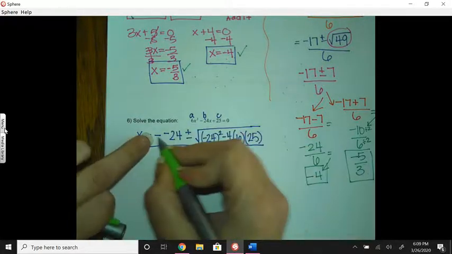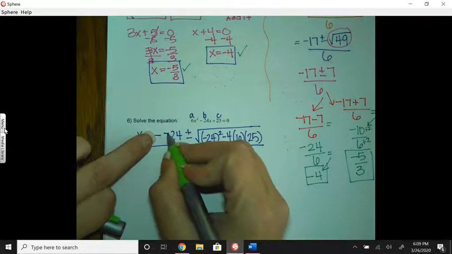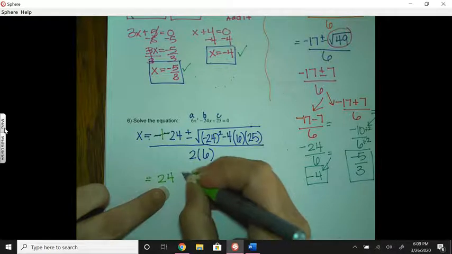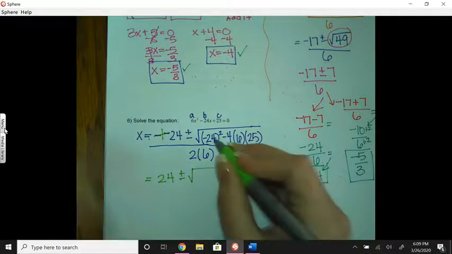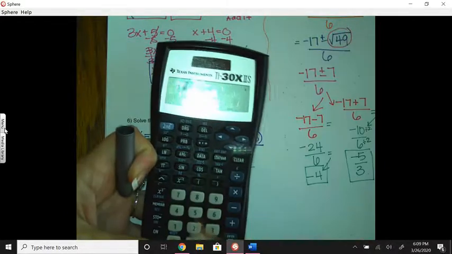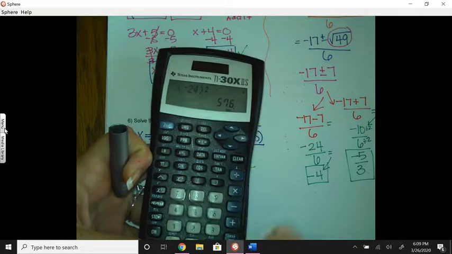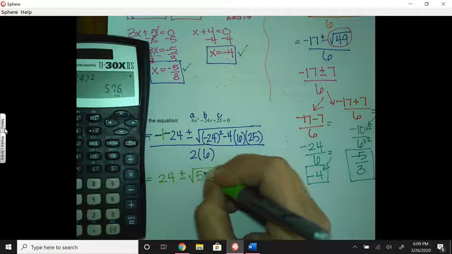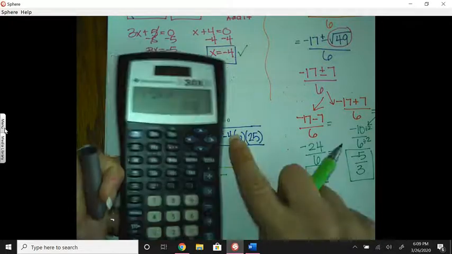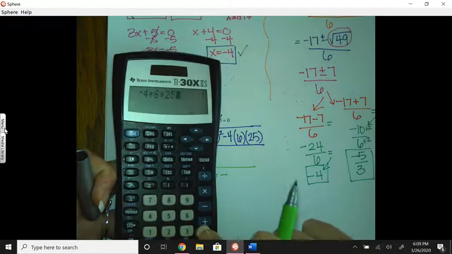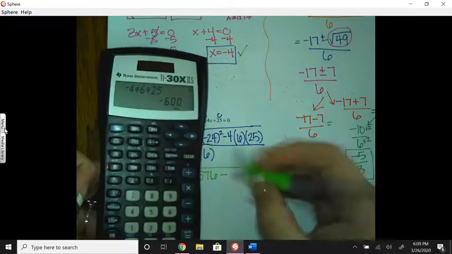So then this would say the opposite of negative 24, so that would change to a 24. And then negative 24 squared is 576. And then negative 4 times 6 times 25, that would make negative 600.